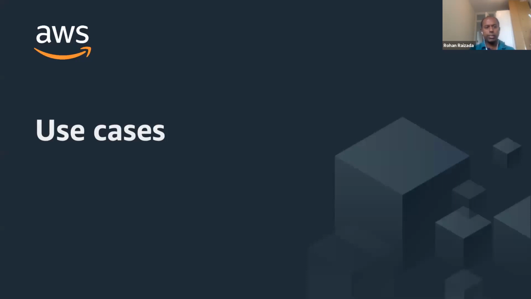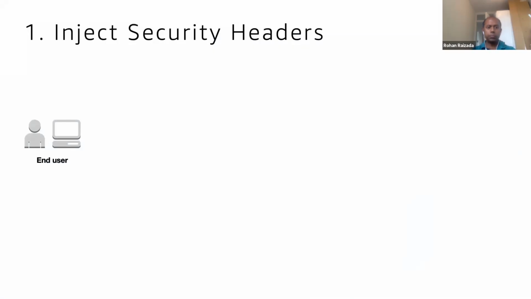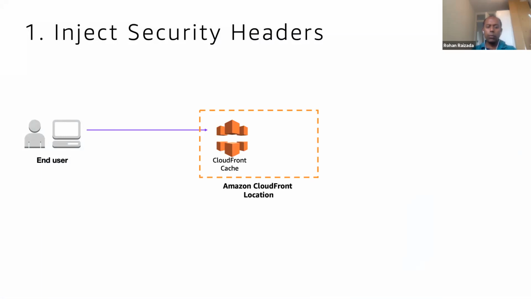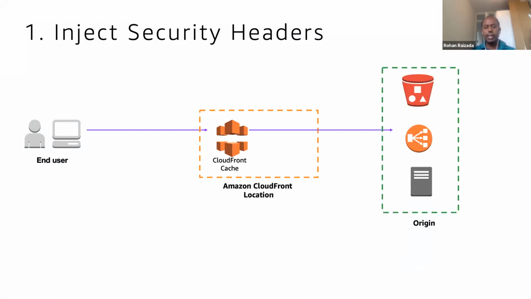With that in mind, let's take a look at some use cases of where you can use the power of Lambda Edge. The first use case is primarily around security. We were working with some of our customers, and one very common use case is when you want to inject certain headers before sending the response back to the end users.